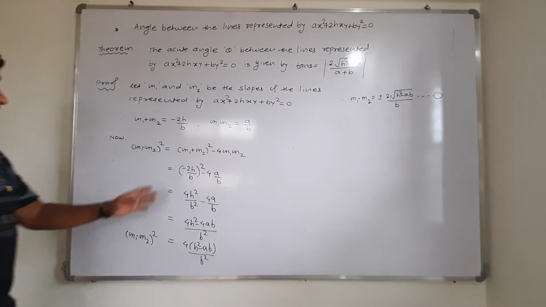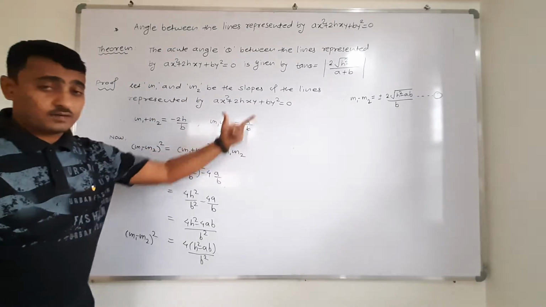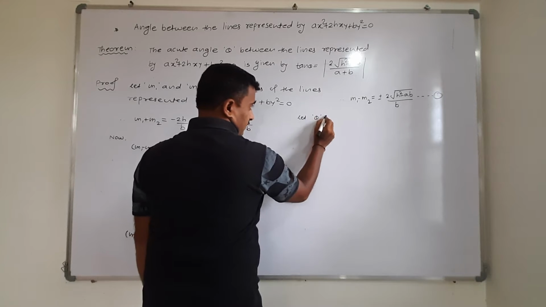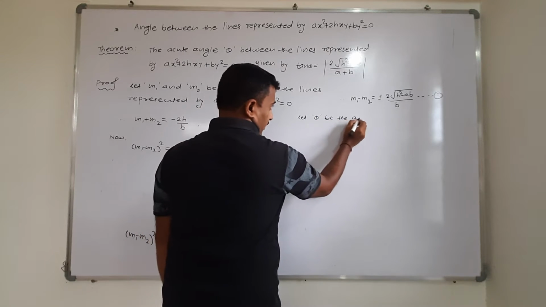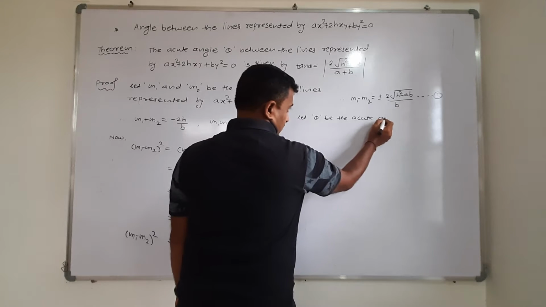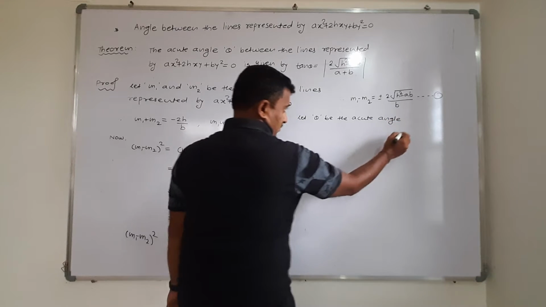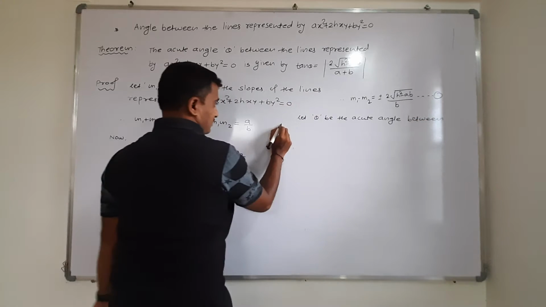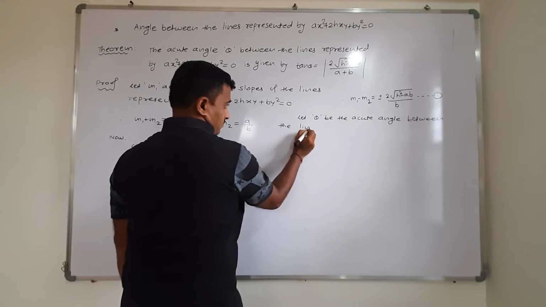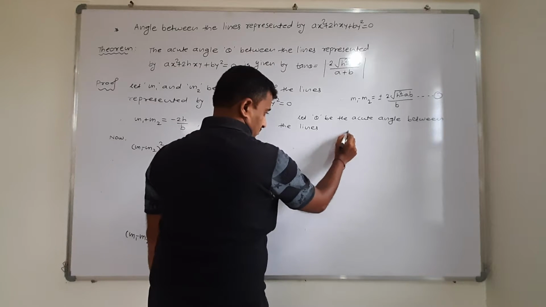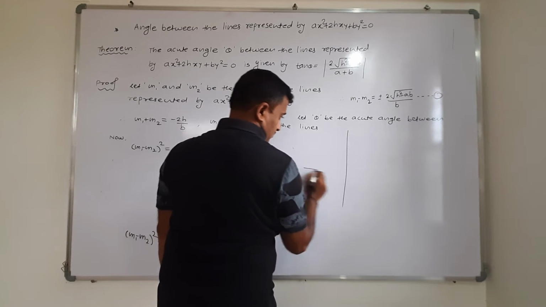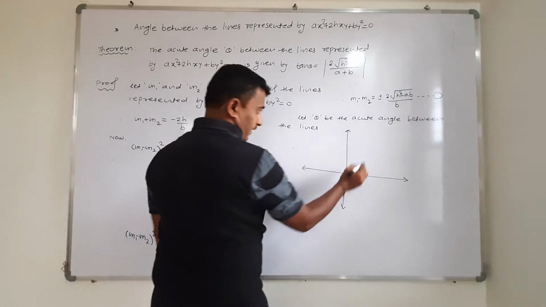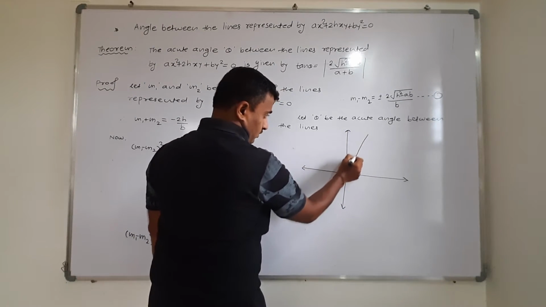Now suppose theta is the angle between lines represented by these two. Let theta be the acute angle between the lines. Of course this is a homogeneous second degree equation, therefore the two lines pass through origin.